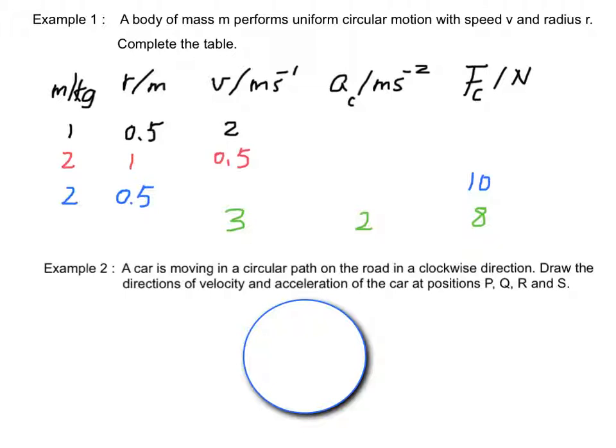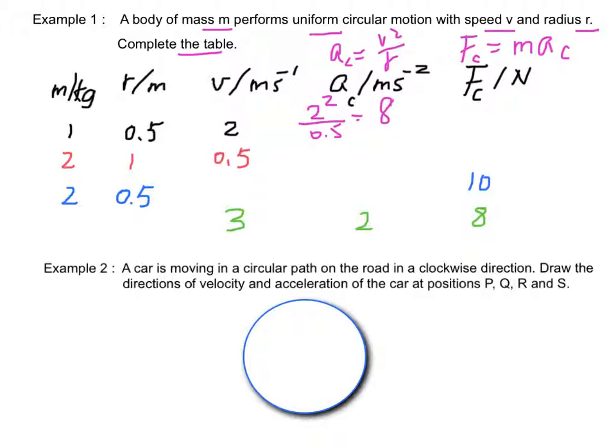Example 1. A body of mass m performs uniform circular motion with speed v and radius r. Complete the following table. By using the equation centripetal acceleration ac equal to v squared over r and centripetal force Fc equal to mass times centripetal acceleration, we have ac equal to 2 squared over 0.5, which is equal to 8. Fc equal to mass 1 times 8 equal to 8.